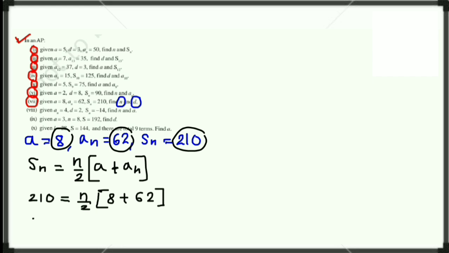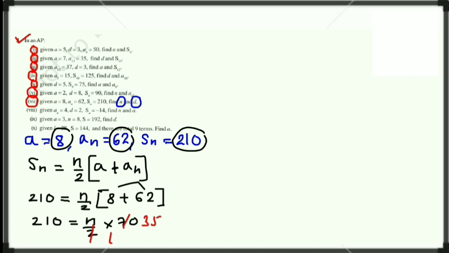Now 210 equal to n by 2 as it is into, and after adding here we obtain 70. Now 2 ones are 2, 2 35s are 70.